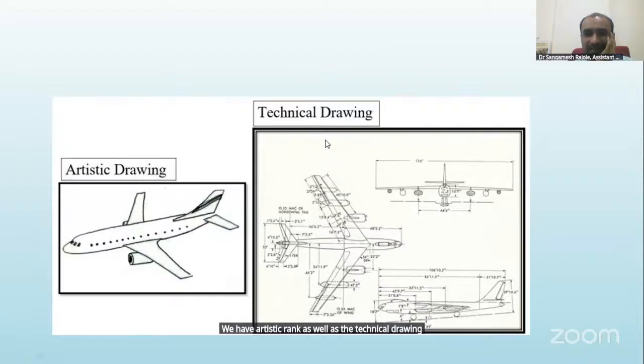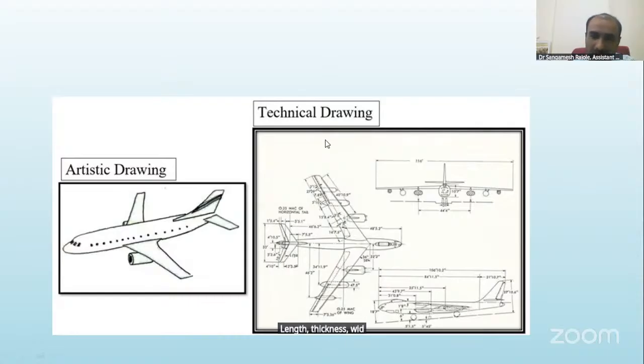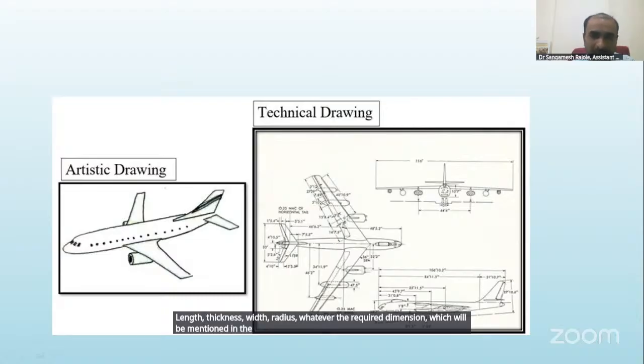So what is drawing? We should have the technical drawing rather than the artistic drawing to 3D print. Technical drawing is where all the required dimensions are mentioned: length, thickness, width, radius, whatever dimensions are required in the product.